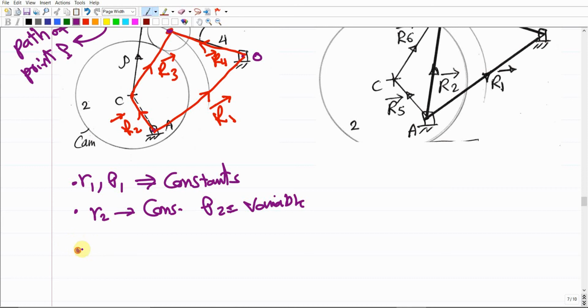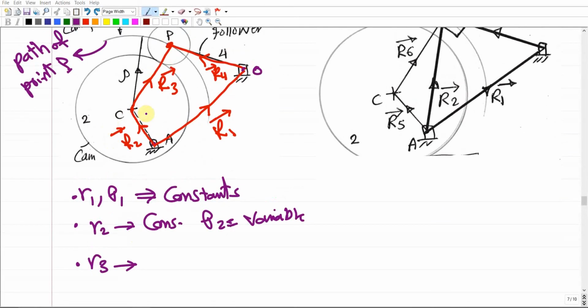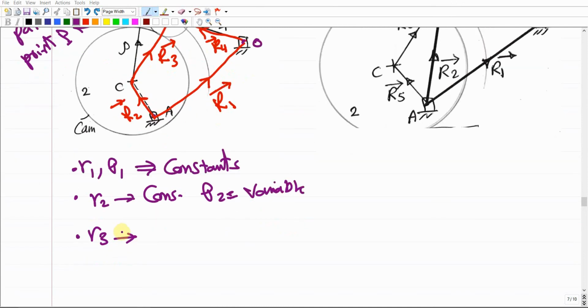But how about R3? R3 is going to be constant. Why? Because this distance between point C and point P is a fixed distance. It all the time equals rho. So R3 is going to be equal to rho and is going to be constant all the time, right?